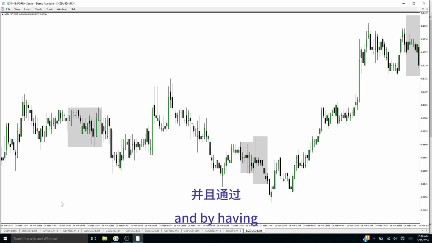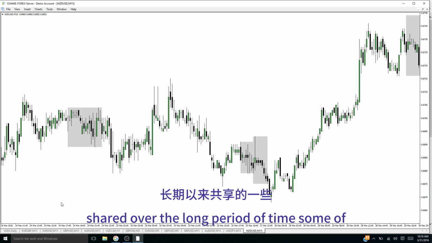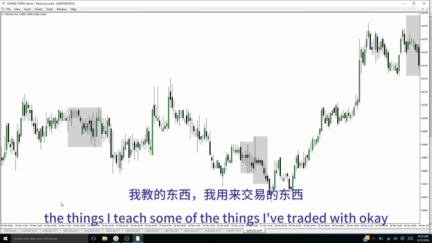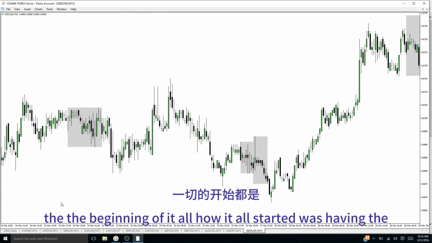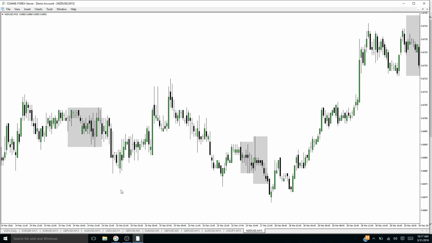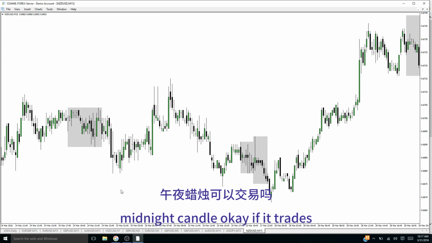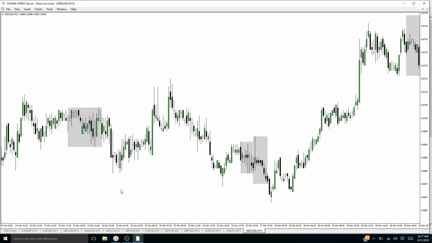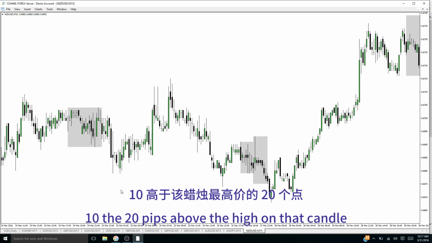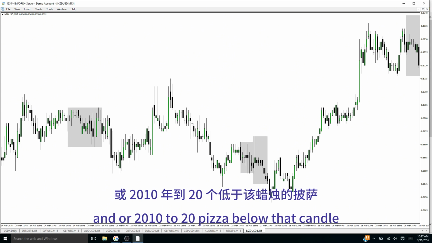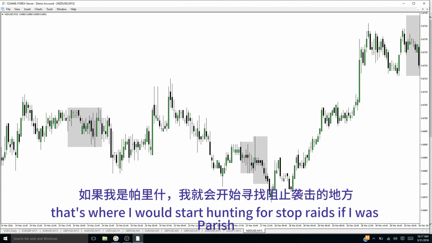And by having shared over the long period of time some of the things I teach, some of the things I've traded with, the beginning of it all, how it all started, was having the midnight candle. Okay, if it trades 10 to 20 pips above the high on that candle, and or 10 to 20 pips below that candle, that's where I would start hunting for stops.